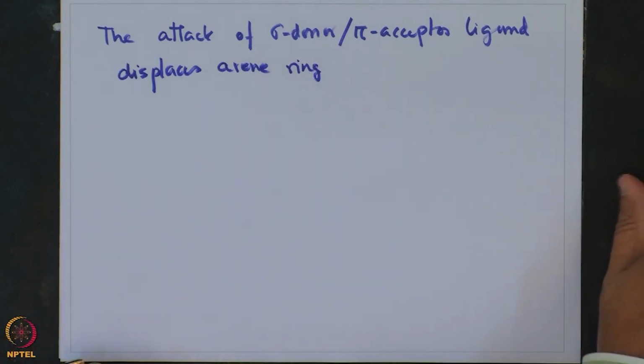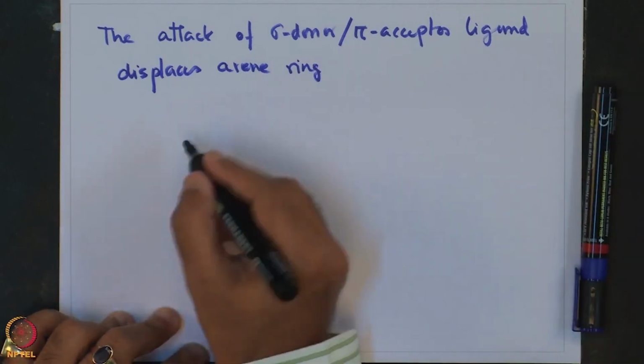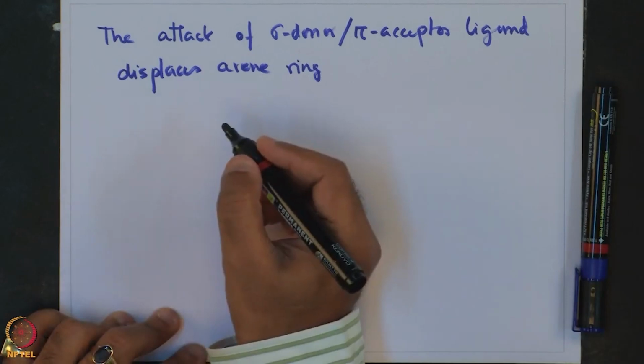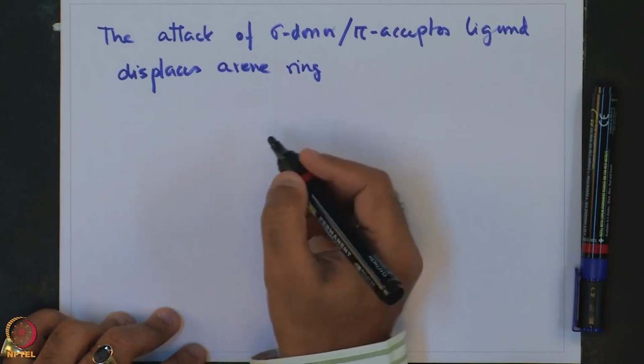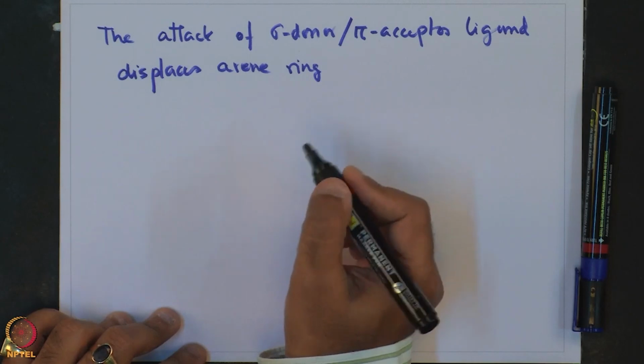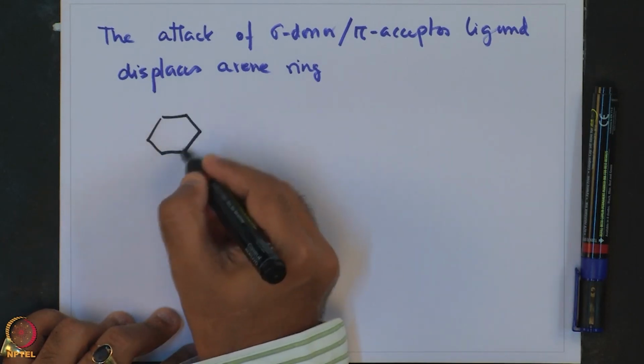Usually we see this the other way around, that arene rings displace sigma donor pi acceptor ligands. For example, metal carbonyl by reaction with arene gives arene metal carbonyl complexes, but here this is the other way around than what we usually see.